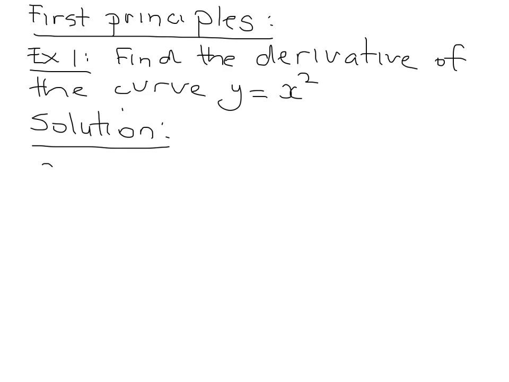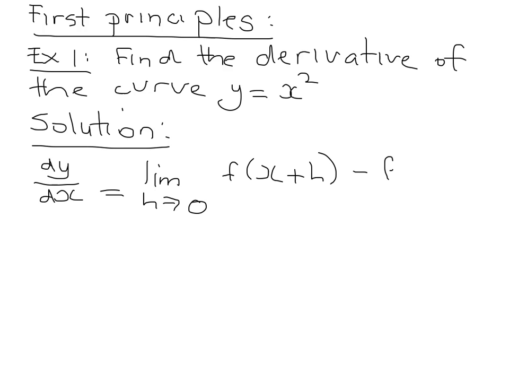The formula is dy/dx, the change in y over the change in x, which is the gradient, equals the limit as h approaches 0 of f(x + h) minus f(x), all over h.